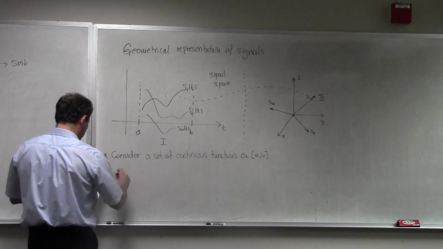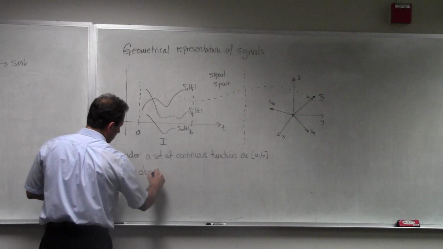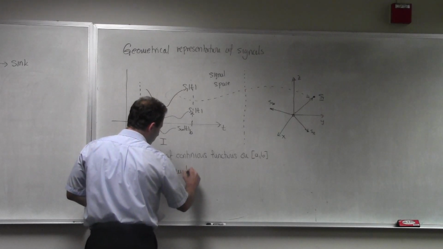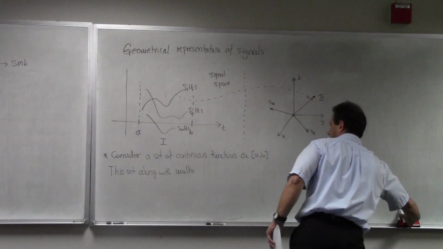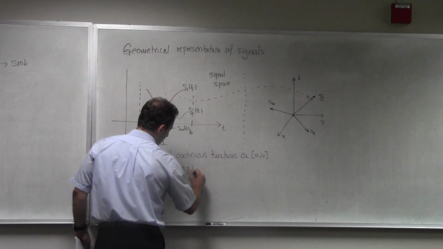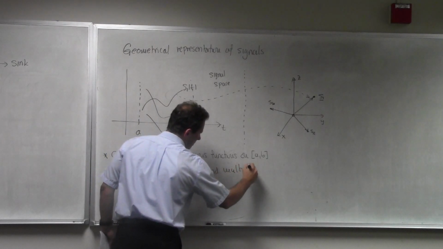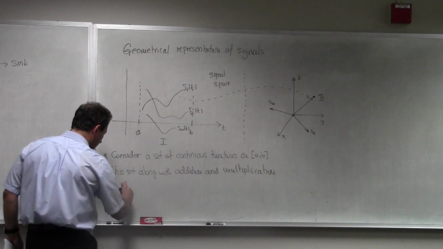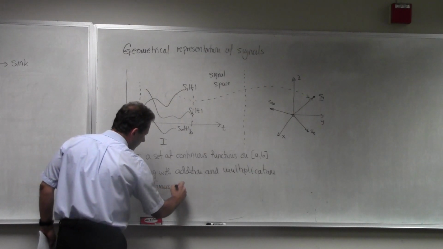This set, along with addition and multiplication by scalar, forms a vector space.